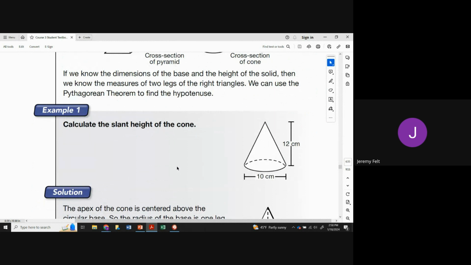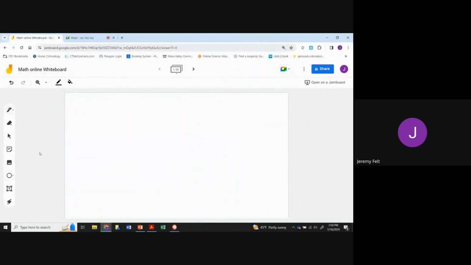So if we have this cone right here, and the diameter is 10 centimeters, and the height of the cone is 12, we have the dash line around here to indicate that it's a circle down here.